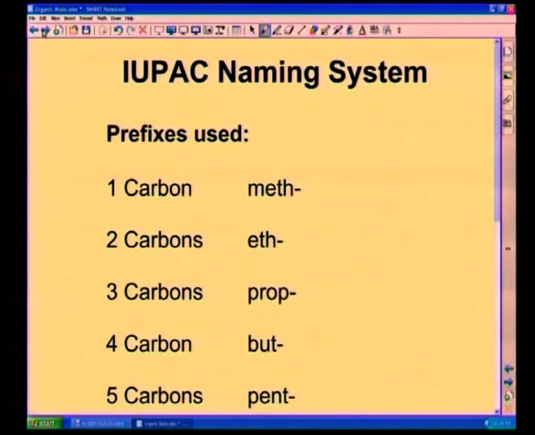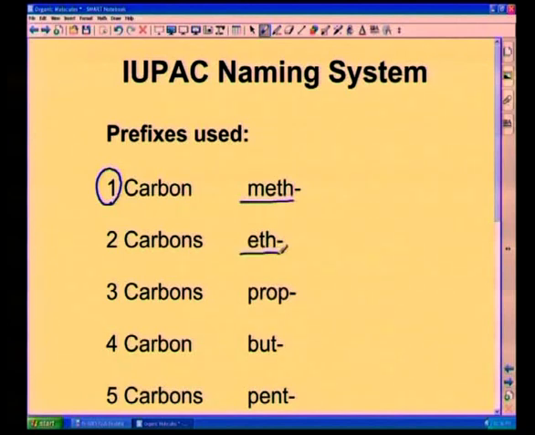Let's proceed with the IUPAC naming system. All right, let's now begin to look at these prefixes and see how they are used. Let's start with the very first one, which I have already mentioned: meth. Meth here would mean that we're talking about the first organic molecule, with one carbon atom in it.